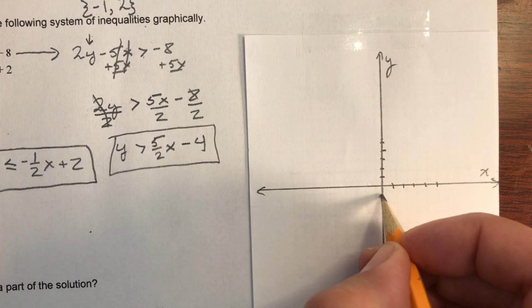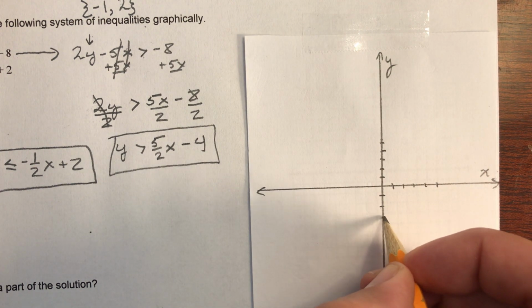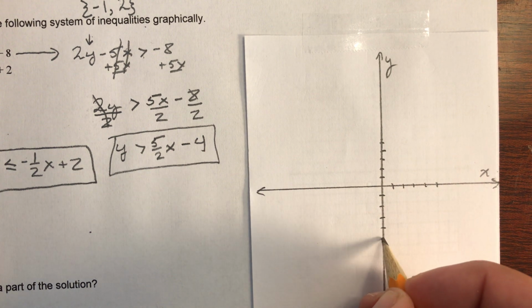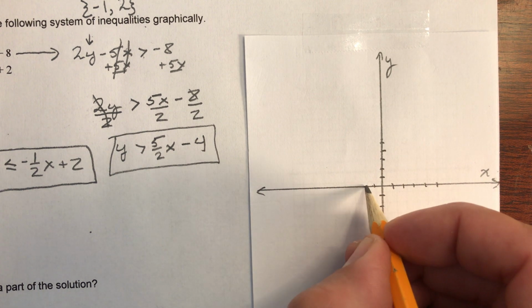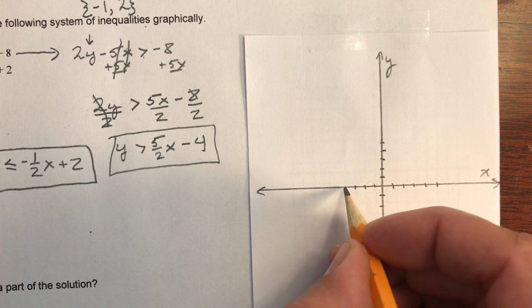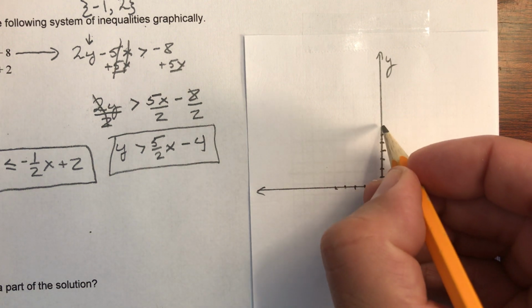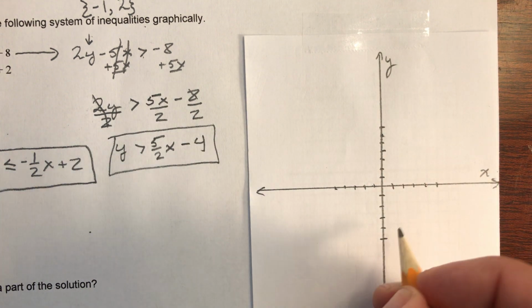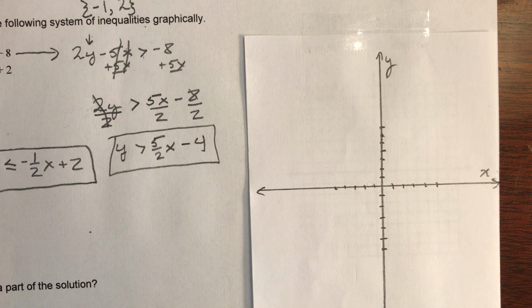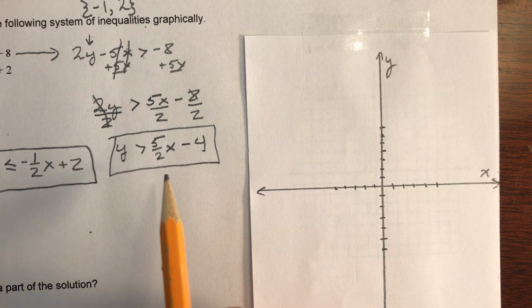Now certainly mine aren't perfect and yours aren't going to be either. If you really want to, you can use the tick marks of your ruler to get really technical.